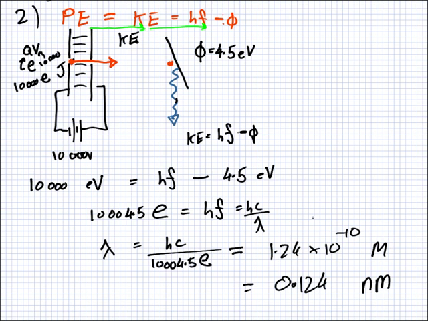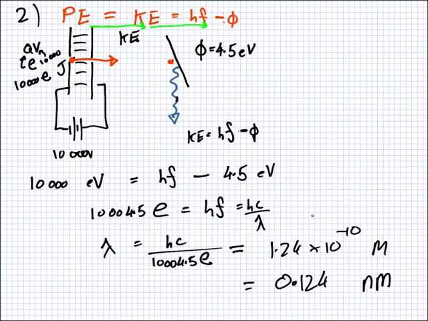So part 2, or part B. Does anyone know what type of wave this is? Which wave is it on the electromagnetic spectrum? One with a really small wavelength. What could it be? Anyone want to have a guess? Good guess.